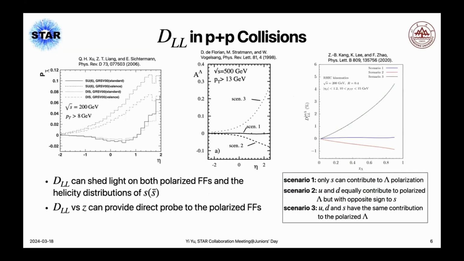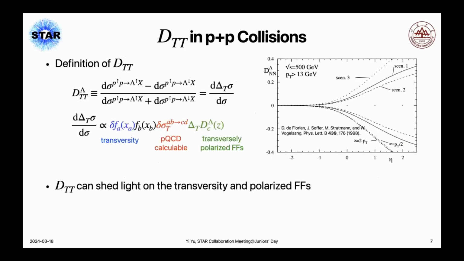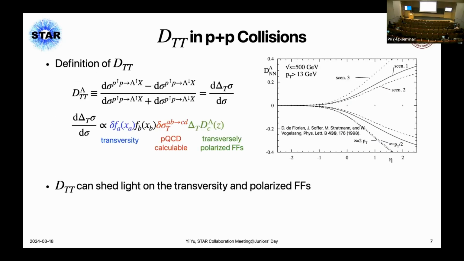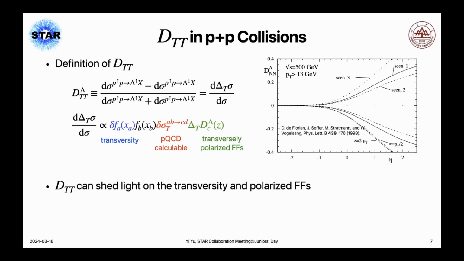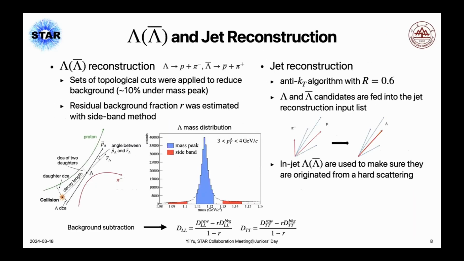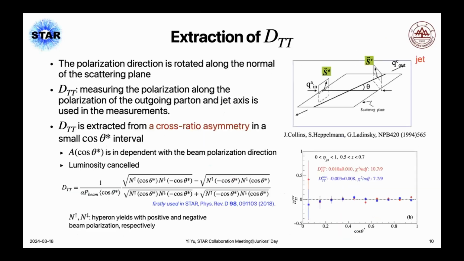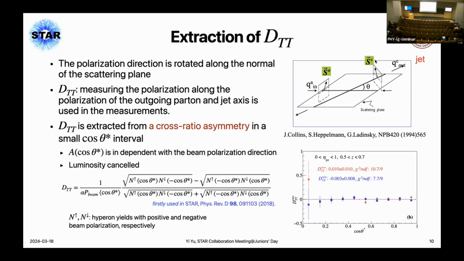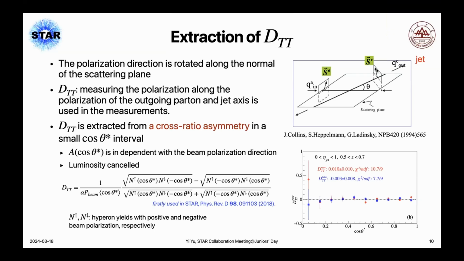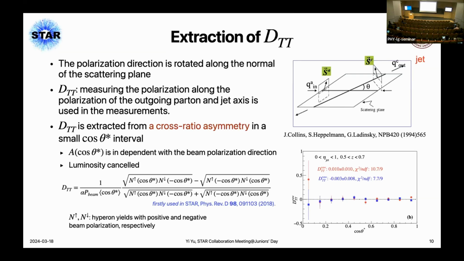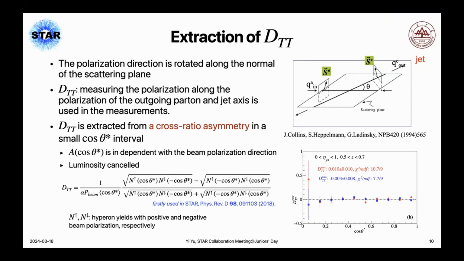In the DLL measurement, we assumed it is along the longitudinal direction, which is the momentum direction of the lambda. For DTT, we measure along this transverse direction. This direction is assumed to be the direction of the lambda spin.